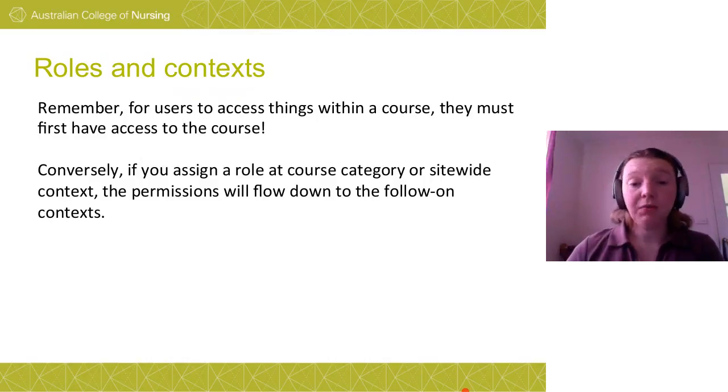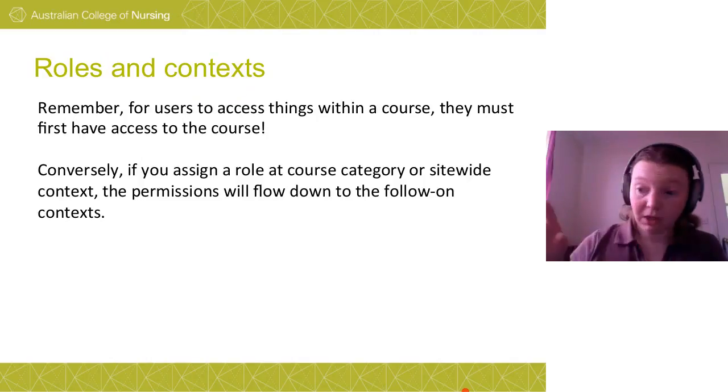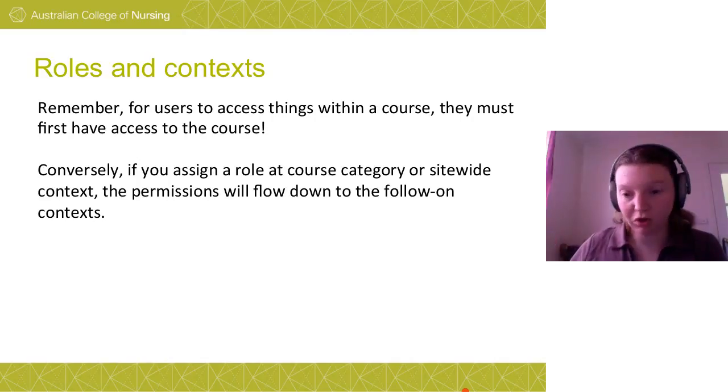And conversely, if you assign a role at course category or site-wide context, your permissions are going to flow on. So if you've given someone a student role at the site-wide context, they're going to be a student in every course on your site. And sometimes that's appropriate. I have worked on sites where that's exactly what they wanted, but most of the time it's not.